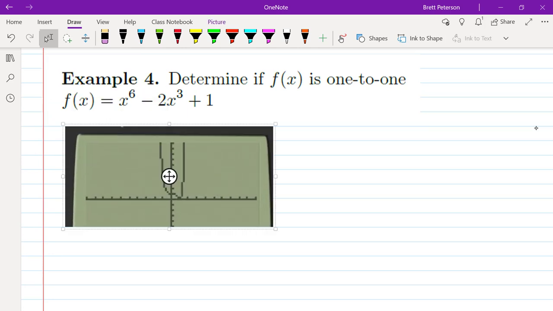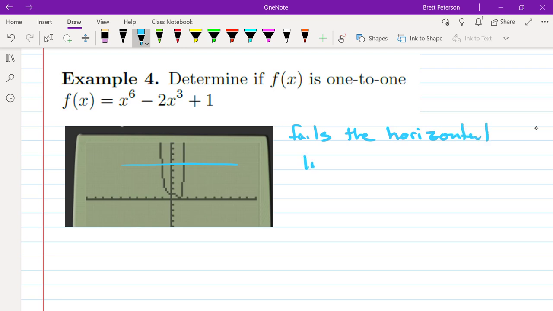Based on this graph, I can draw a horizontal line that touches the graph more than once, so this fails the horizontal line test. So it is not 1 to 1.